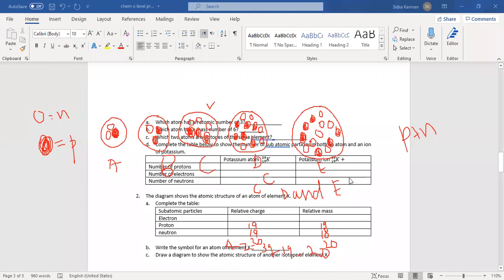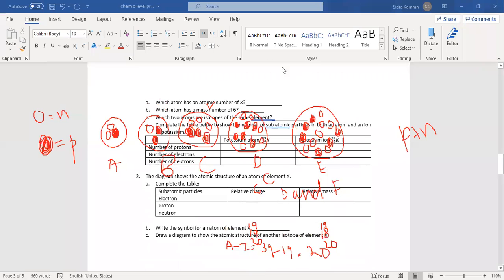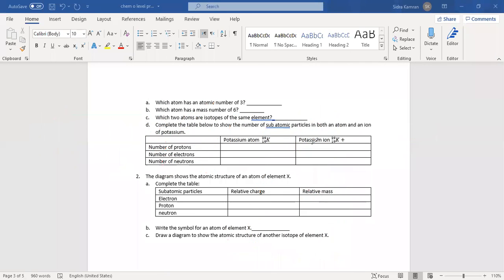Next question. Question number 2. The diagram shows the atomic structure of an atom of element X. I am going to draw the diagram here.